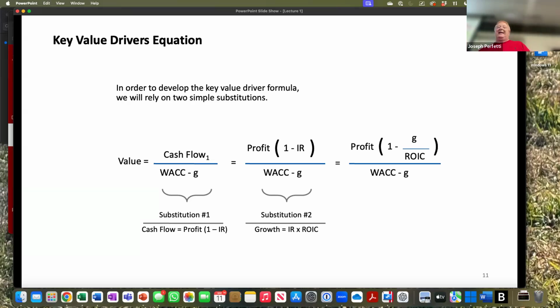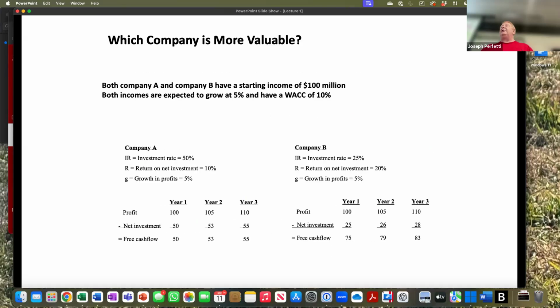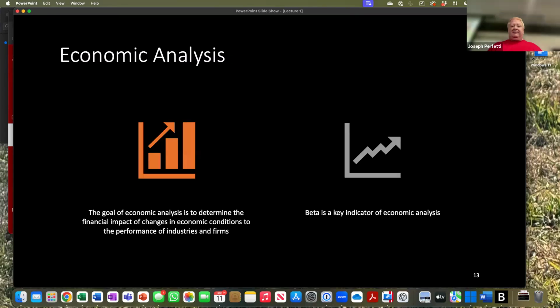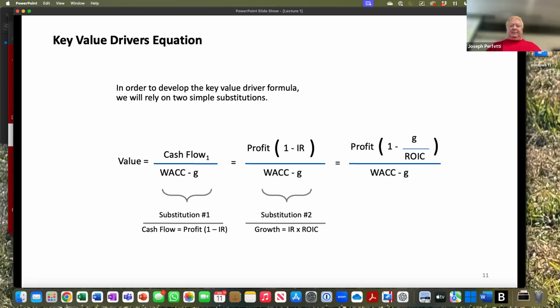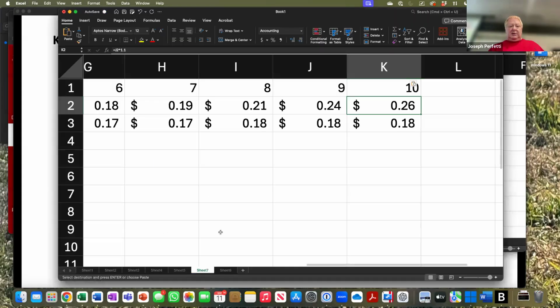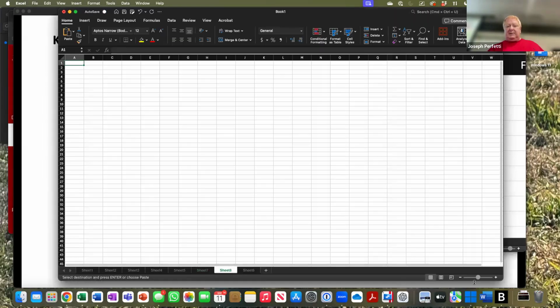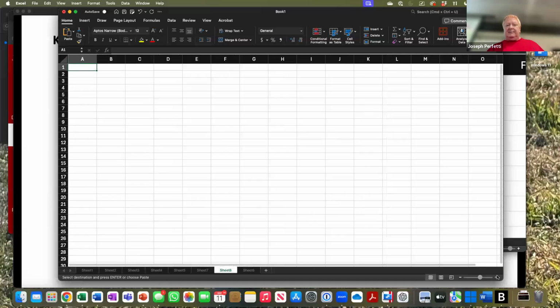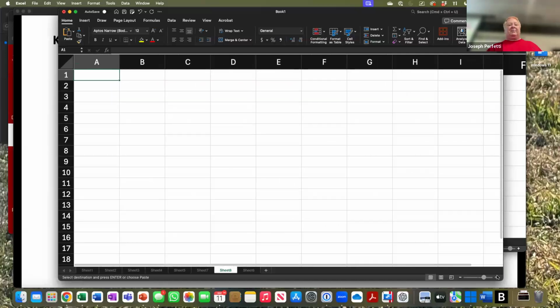All right, so what I want to do is take that formula and value these two companies. Because earlier I asked you if A or B was valuable, and we decided that B was more valuable because it generated more free cash flow. Let's be more specific. So plugging in this formula, we go back to Excel. And I'm going to use friendlier terms.